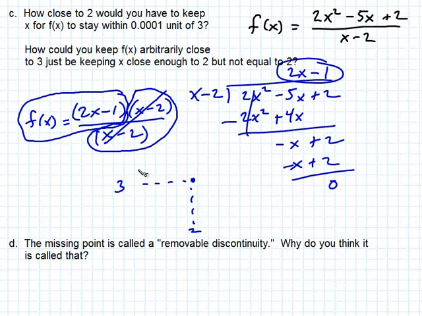And if I'm within a certain margin of error of 3, the question is, here's our straight line, the slope is 2, and so the question is, how close do you have to be to 2 to be within this margin of error on 3?